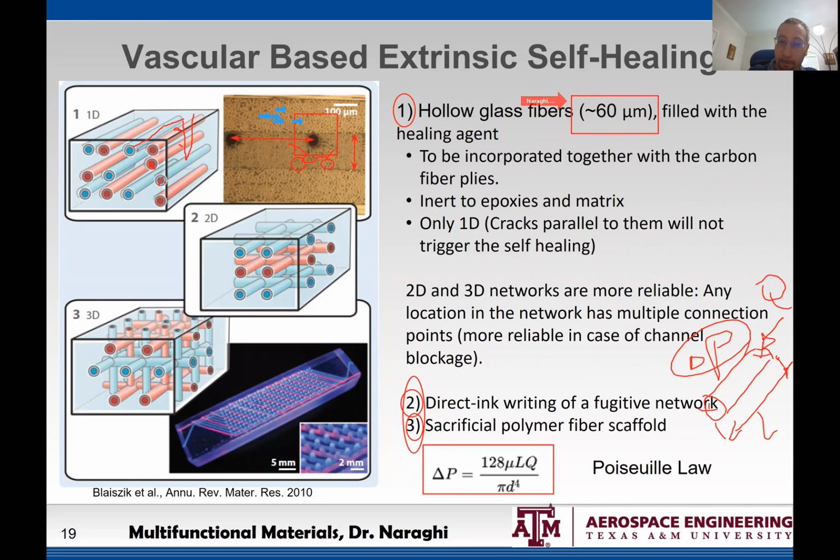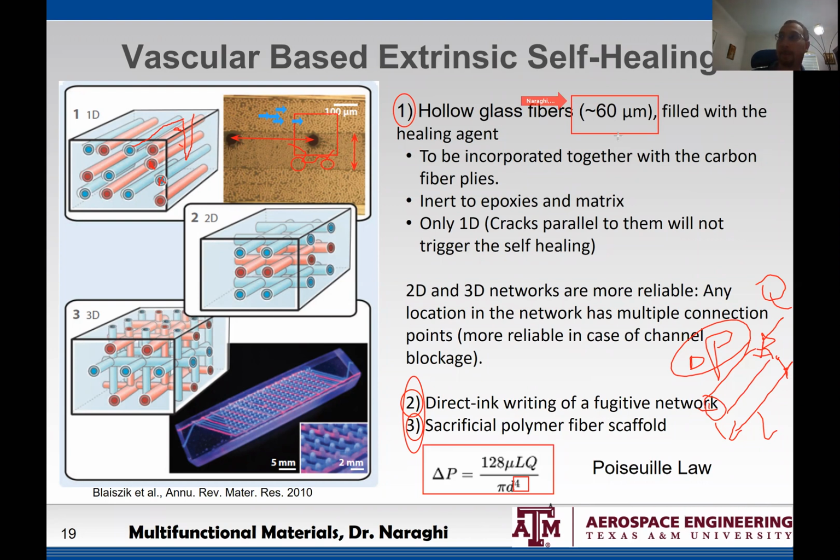Now, the problem is basically this guy, d to the power of 4. If I go from 60 microns to 6 microns, comparable to the diameter of an individual carbon fiber, I have to increase the pressure by 10 to the power of 4 times.